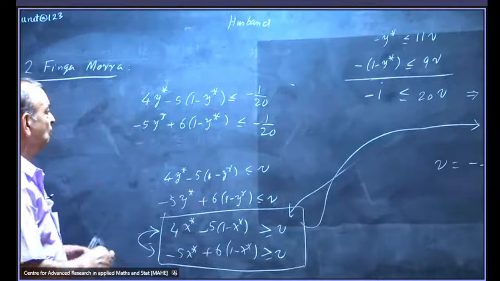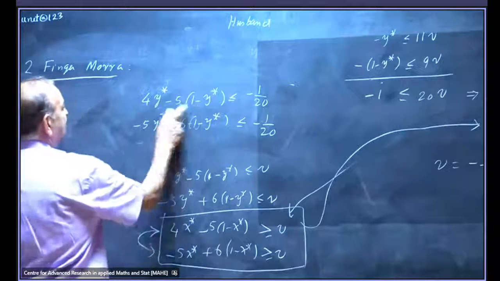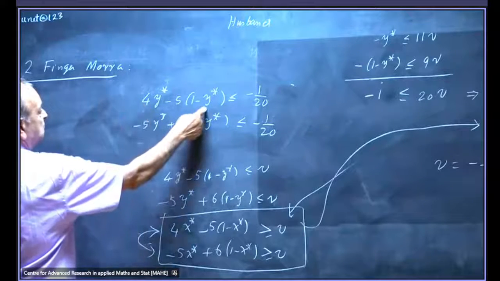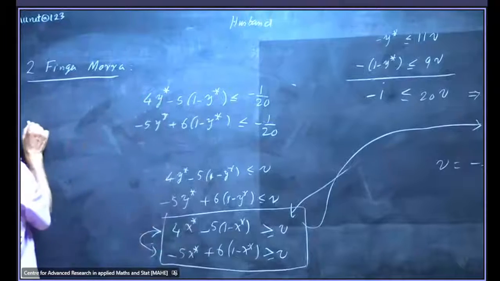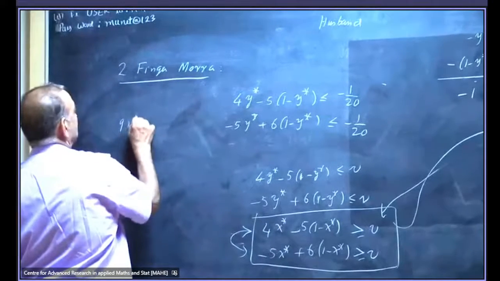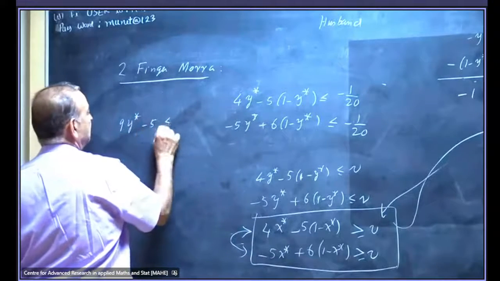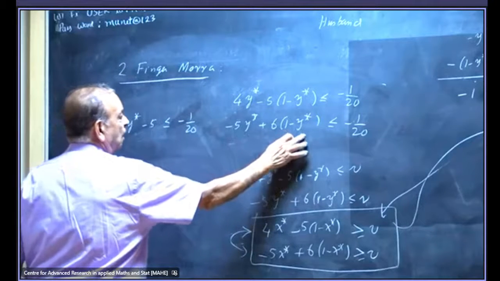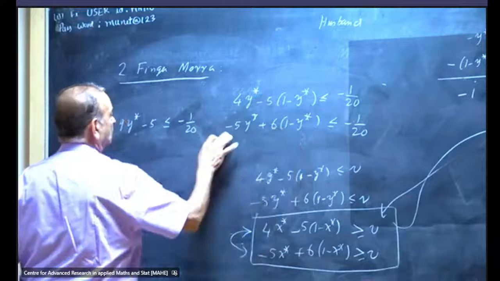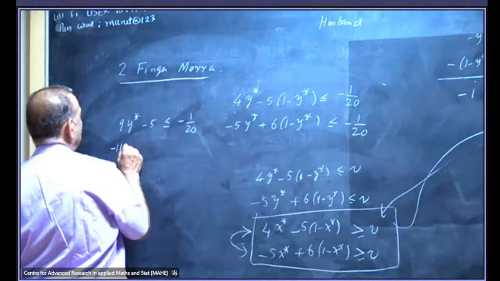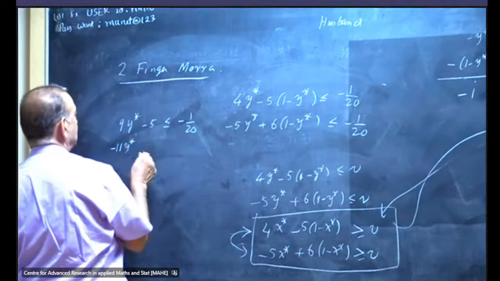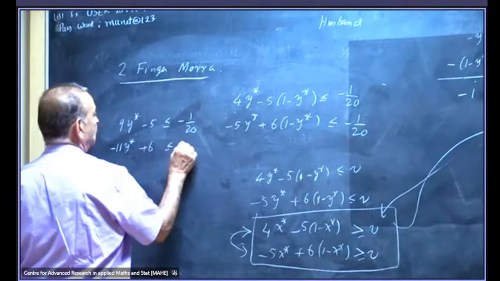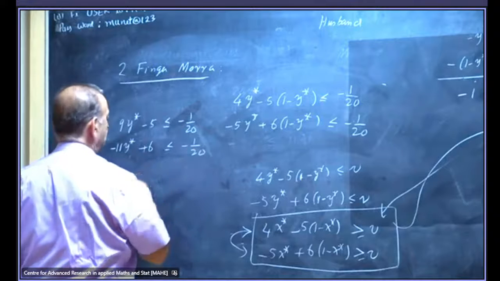Okay? Now, we can solve this inequality. So, 4y star plus 5y star, which is 9y star, minus 5 is less than or equal to minus 1 over 20. This one is minus 11y star plus 6 is less than or equal to minus 1 over 20.